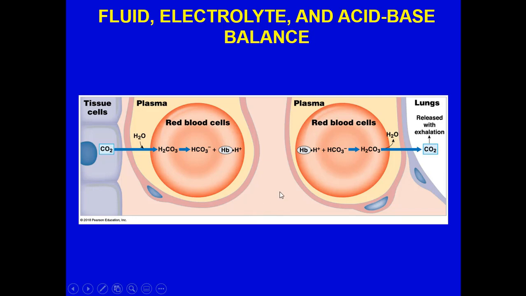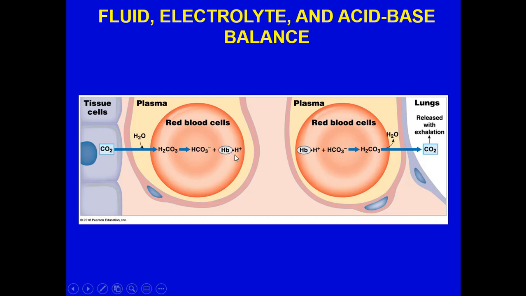Here's the first part so that you don't get lost. First off, tissue cells, if they're metabolically active, are going to produce carbon dioxide. Carbon dioxide meets with water in the plasma. It will become carbonic acid inside the cell. The cell will also break this into bicarbonate, and then the hemoglobin will bind the hydrogen.